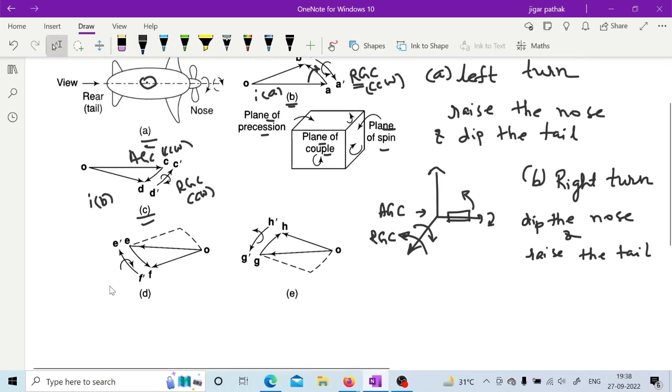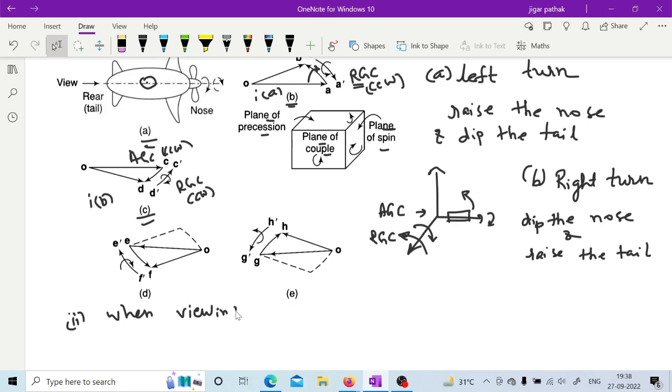Okay, now let us go for the second case, in which, when viewing from the rear, we have seen clockwise. Now if you have anti-clockwise or counter-clockwise rotation, and you are viewing from the rear, then the vector will be towards you, because the viewer is at the rear.